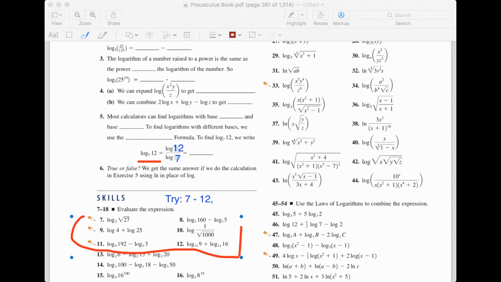By default, 10. Yes, 10. So that's base 10. So what happens when the log has a base, and inside the log, the value can be written as the same base raised by a power? What's the rule?